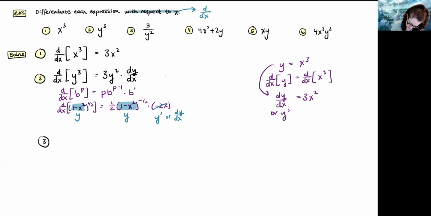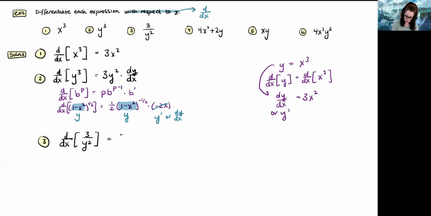All right, let's look at another example. How about 3 over y squared? Okay, so all of our rules that we know and have used with x's still apply here.